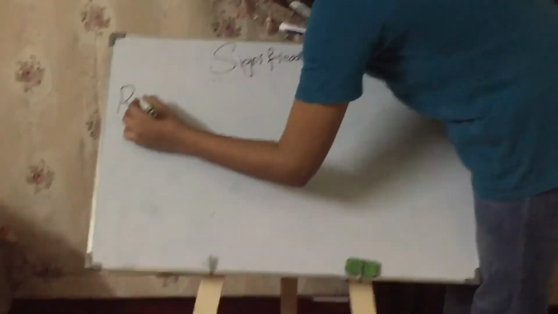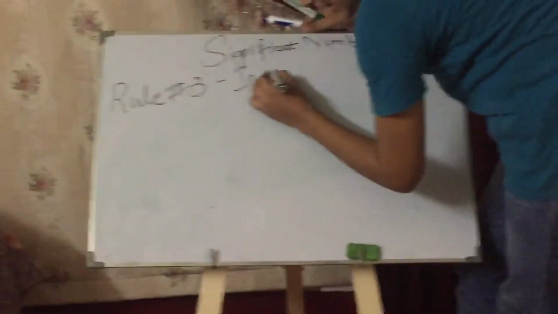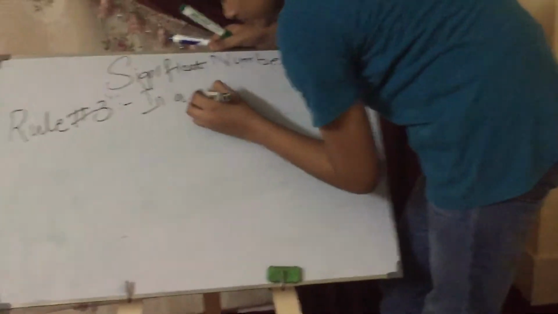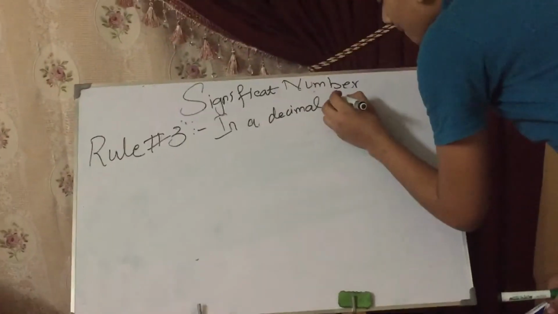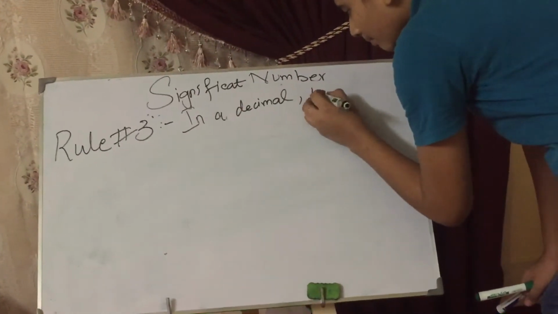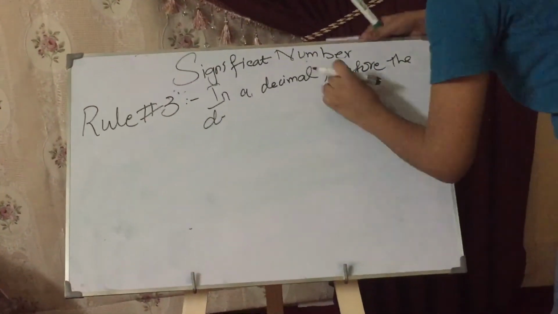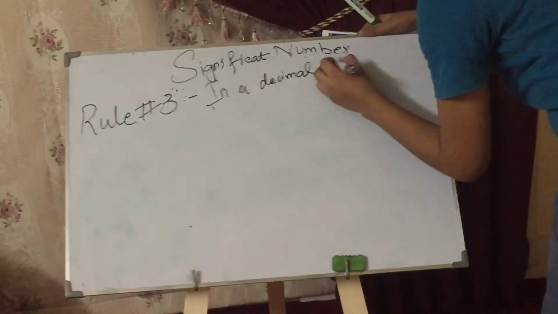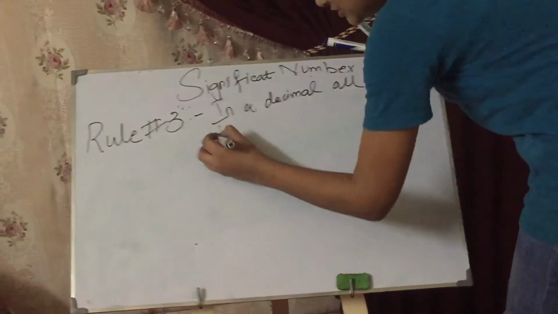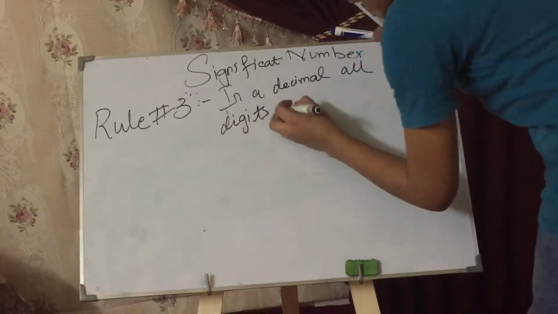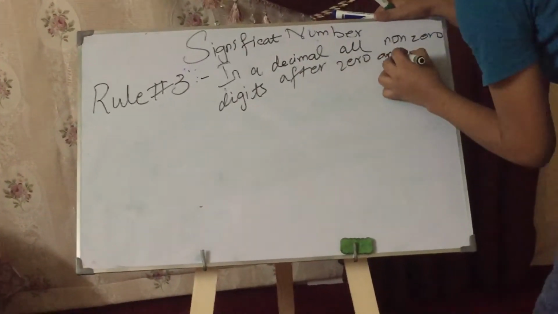So now rule number 3. In a decimal, all non-zero digits after a zero are significant.